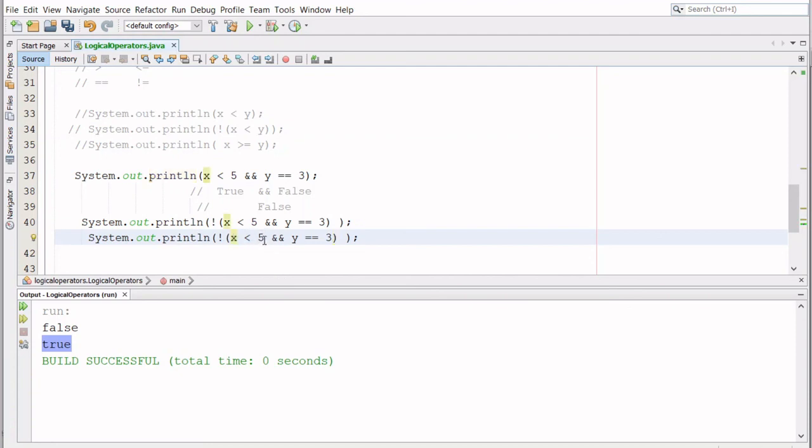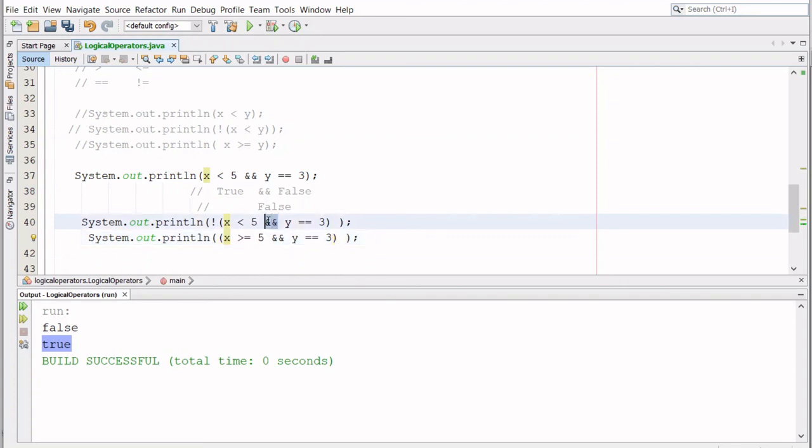So not x less than 5 should become x greater than or equal to 5, right? So the opposite of this is equal to this.